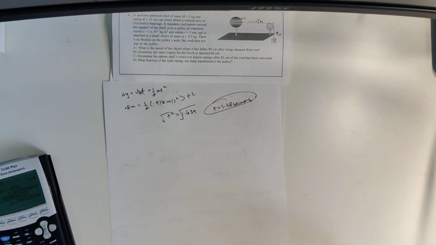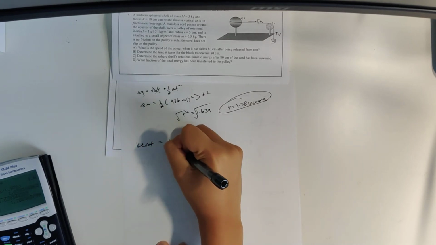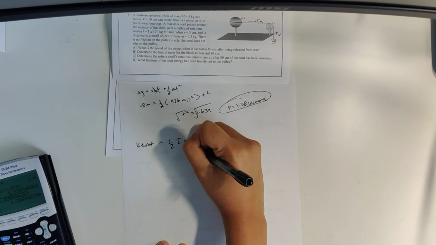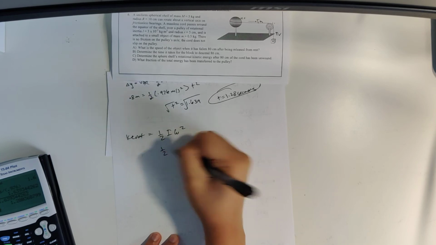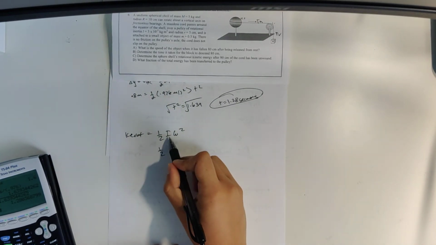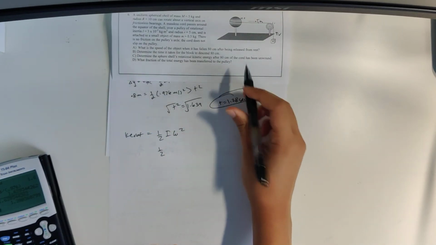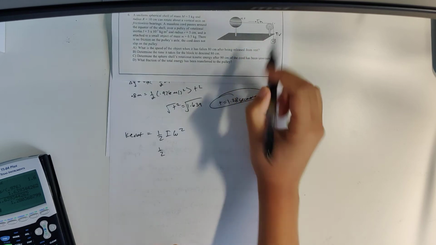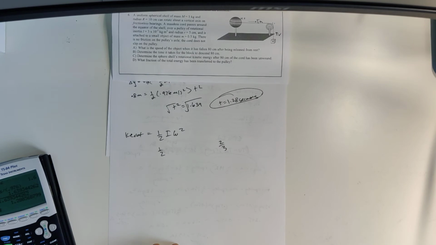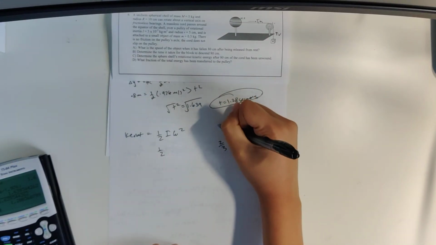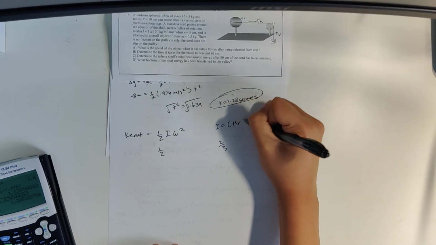So to find the rotational kinetic energy, KE rot basically, it's just 1/2 of your moment of inertia times your angular velocity squared. So let's actually break up the I real quick. So for the spherical shell right here, your moment of inertia would be 2/3, because I would be equal to your coefficient times m r squared.